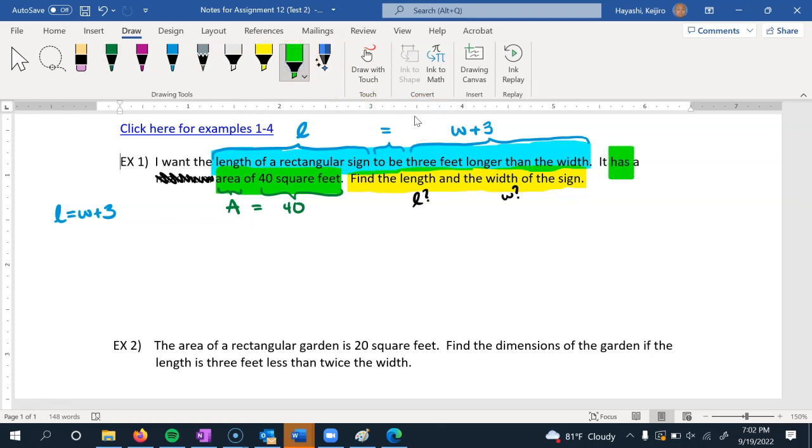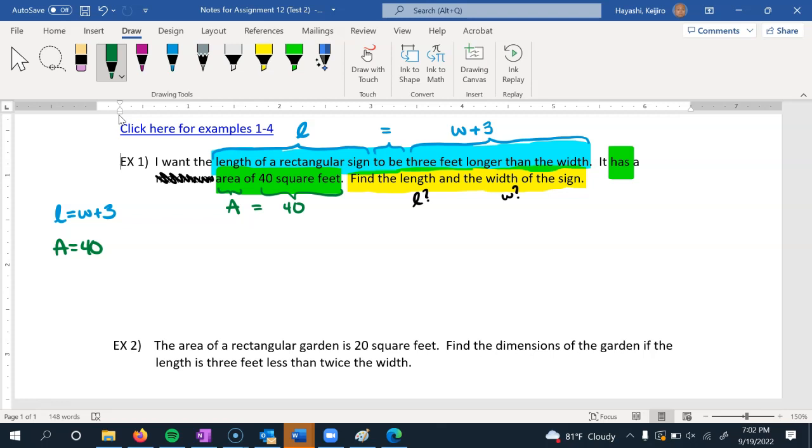I guess has is the operative verb here, that ends up being equals, sort of out of order. The area is 40 square feet. Okay. So, out of all those words, we got two equations. We got L equals W plus 3, and we got A equals 40.